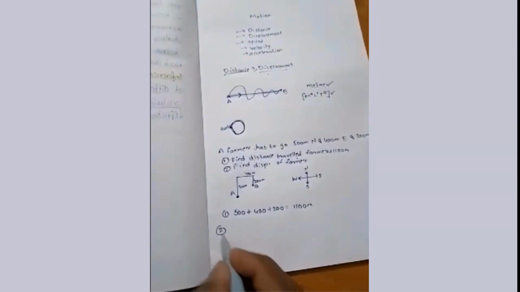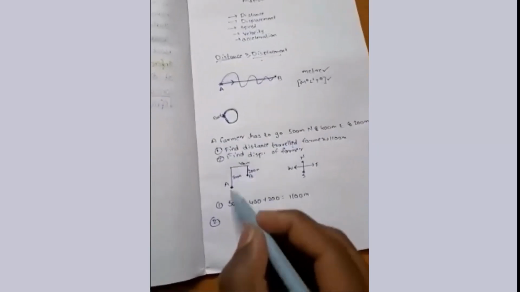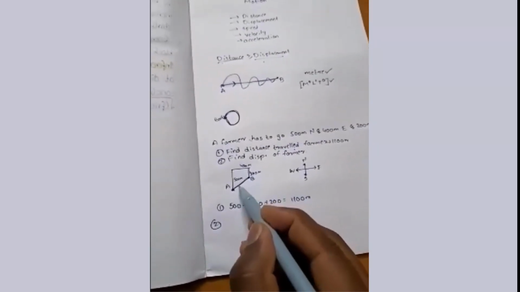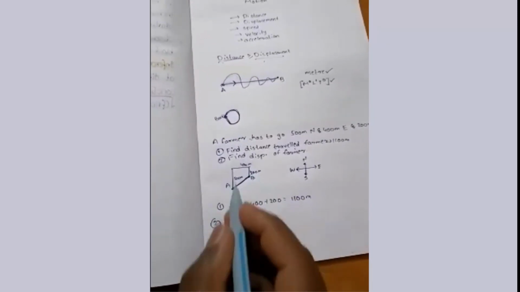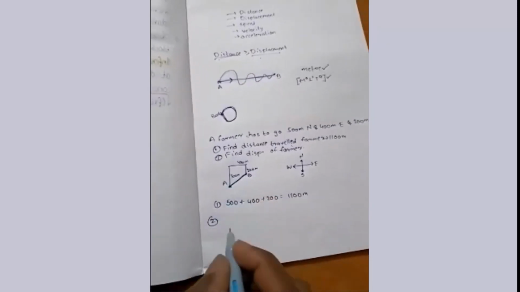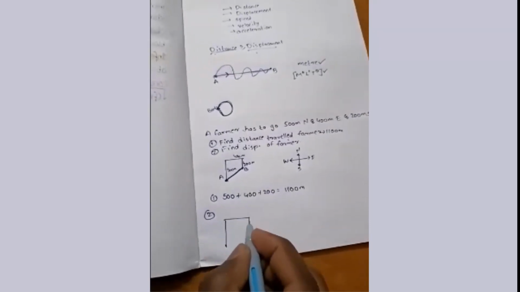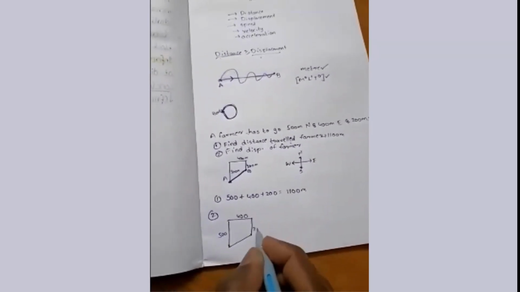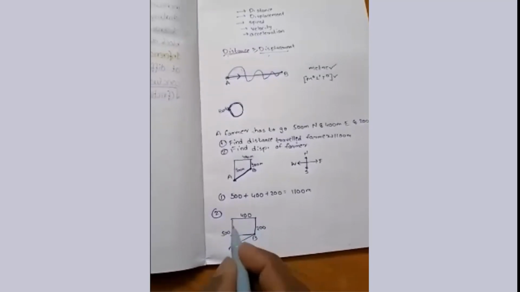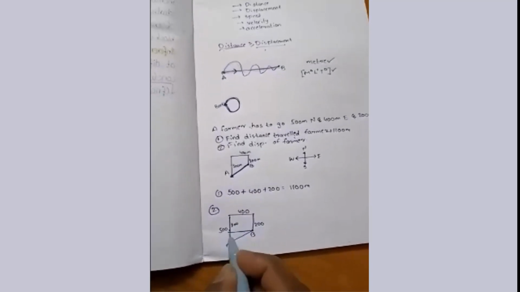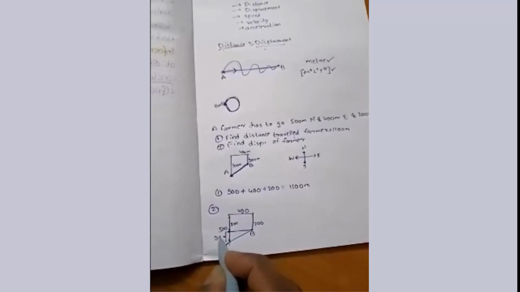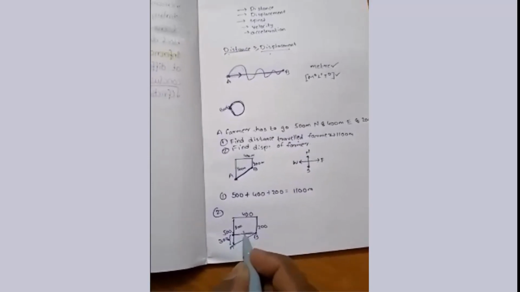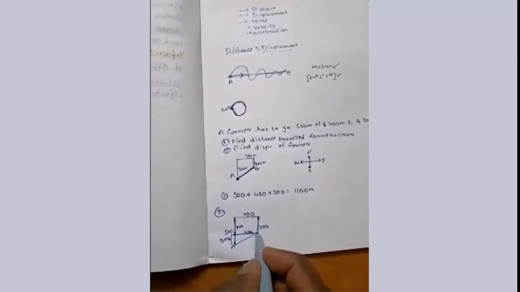See the second question. This is based on logic. This is the shortest distance between A and B, the straight line joining A and B. Let us draw this again, a trapezium. This is 500, 400, and 200. We need to find this distance, AB. If we draw a horizontal line here, parallel to this, this is 200, so the remaining portion of 500 is 500 minus 200, which is 300, and this will be 400 because these two are parallel.